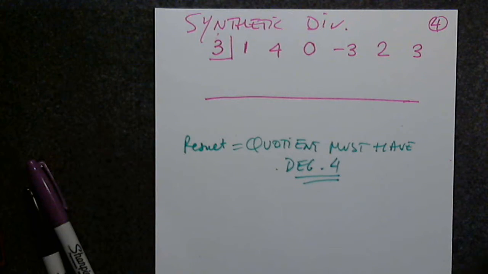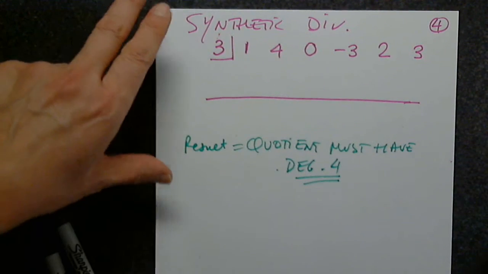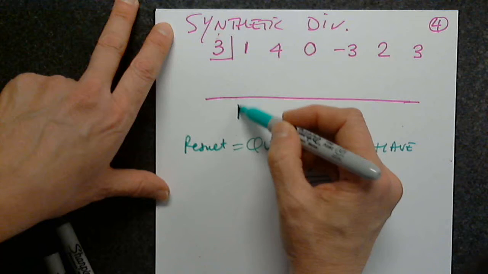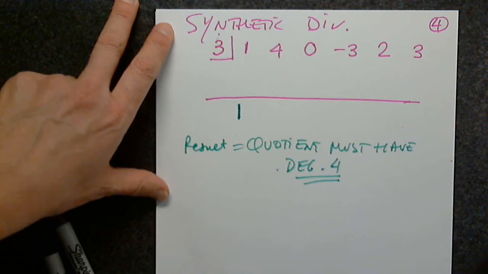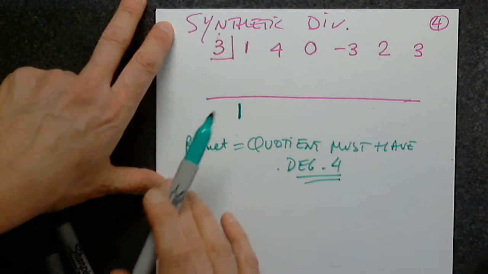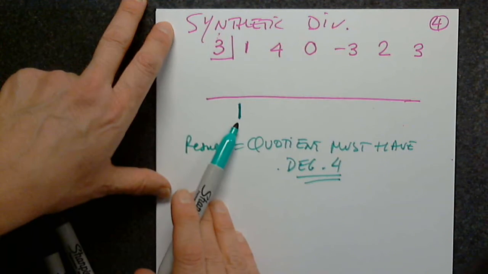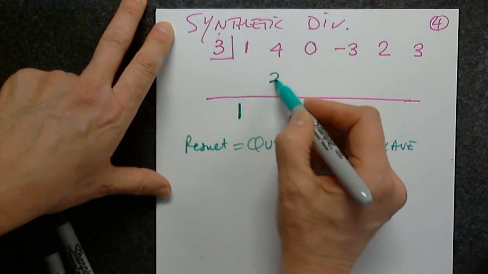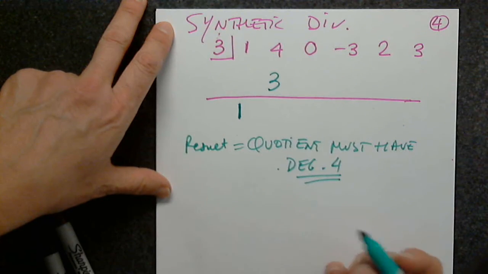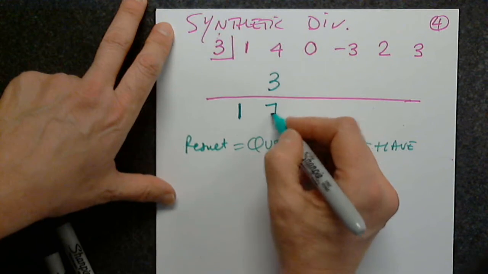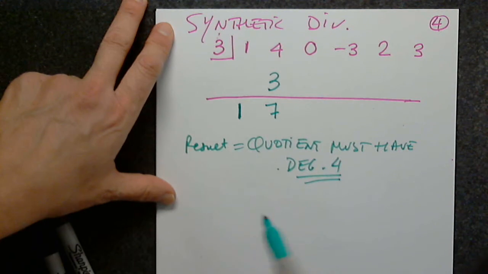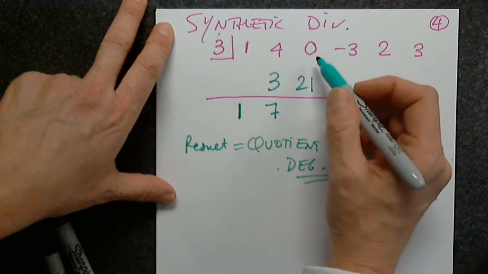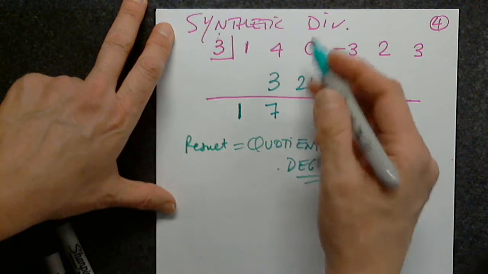Agreed? Perfect. So the algorithm requires us to copy the first coefficient. Always we copy it. Then here's how we proceed. 3 times 1, 3. We write it above the line under 4 and perform the operations we see. 7. 3 times 7. We write it above the line under 0. Perform the operations we see.